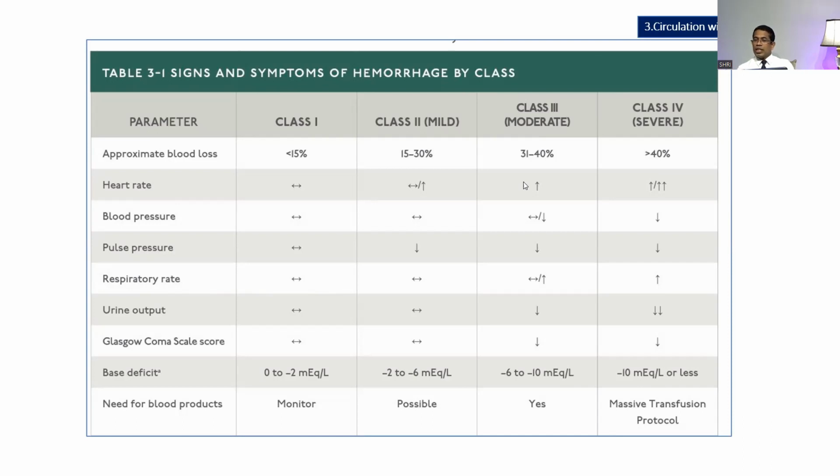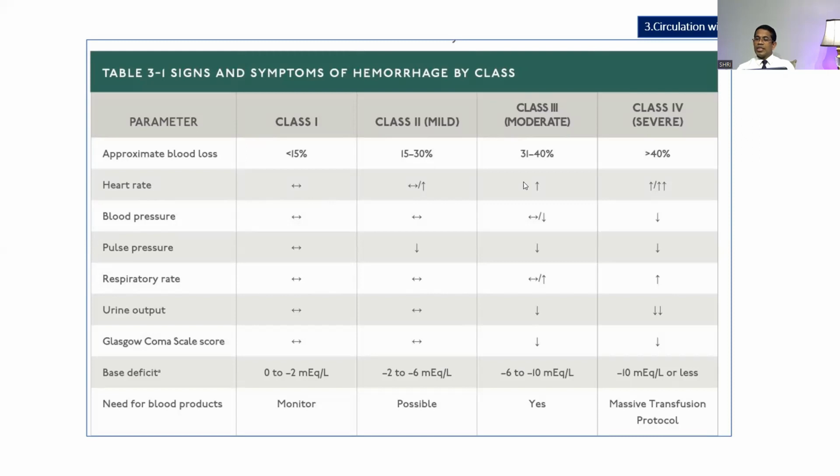But make sure it does not go beyond 1 liter per adult or 20 ml per kg in a child. Usually we give 10 ml per kg for everyone, including children, but it should not go beyond 1 liter for an adult or 20 ml per kg for a pediatric patient.